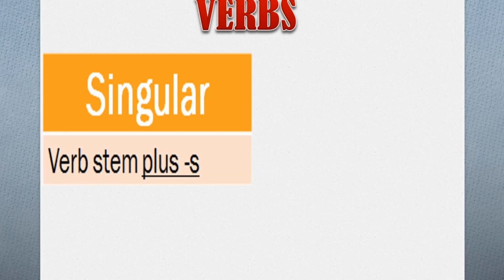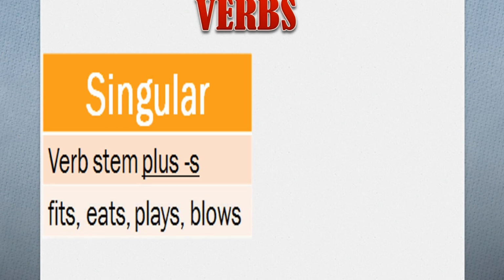Like I said a while ago, when we say verbs, these are actions, or in Filipino, salitang kilos. So how are we going to identify singular and plural verbs? Let's start with singular verbs. For singular verbs, we have the verb stem, then just add s. Examples are fits, eats, plays, and blows.